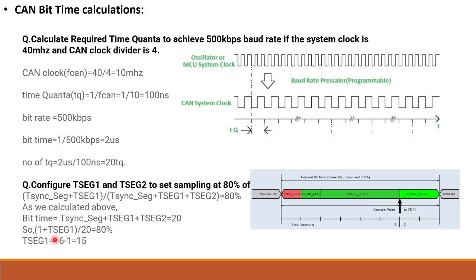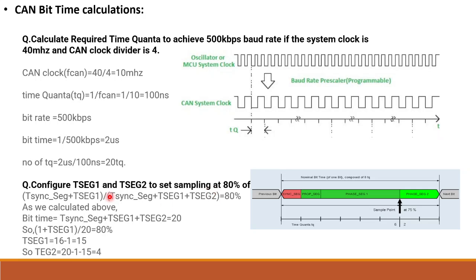If I calculate, 16 divided by 20 is 80%, that's why T seg 1 is 15 and 20 is the total timing. Subtracting the sync segment of 1 time quanta, T seg 1 is 15, and totally I got T seg 2 as 4.